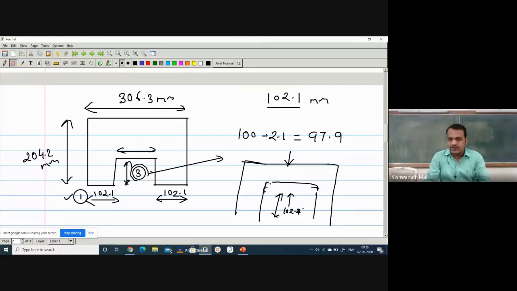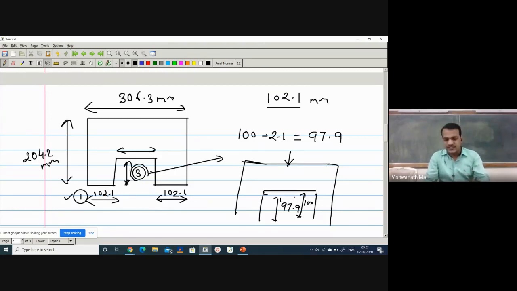And to get the right dimension, what do we need to do? Here we need to minus it. See here, what I am giving here, 97.9. Now when it shrinks, this dimension will be 100, because it's an internal dimension.